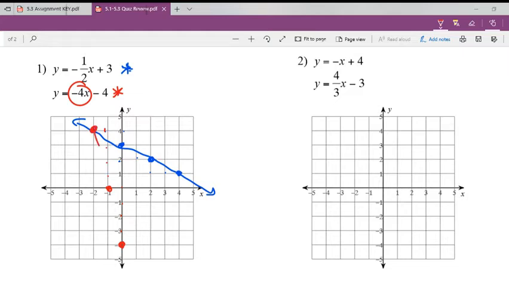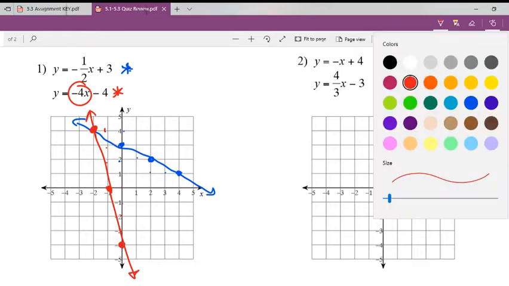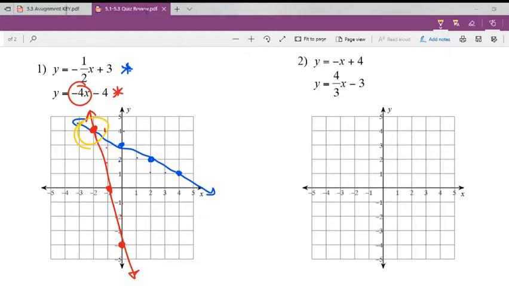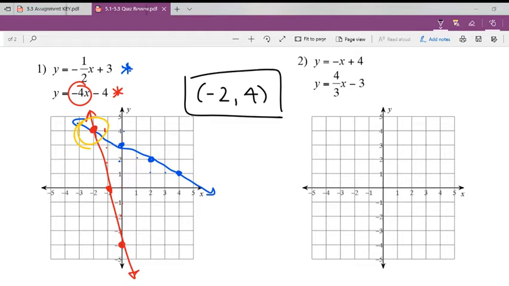And that shows me where my lines cross. So this point here, where my blue and my red line intersect, is my solution. Can someone tell me what coordinate point that is and how I would write it? Very good, -2, comma, 4.